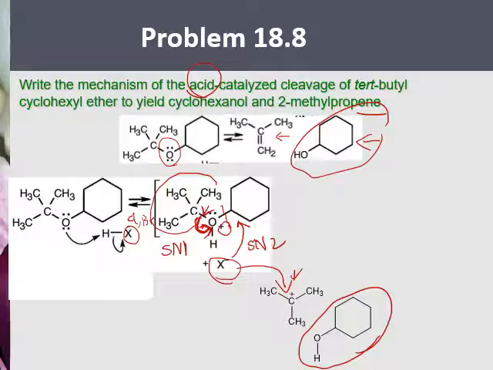Another way is that this anion can also serve as a base to deprotonate one of the hydrogens, and a double bond will be formed. In fact, the question tells you the product is a double bond, and that indicates it's an elimination reaction.